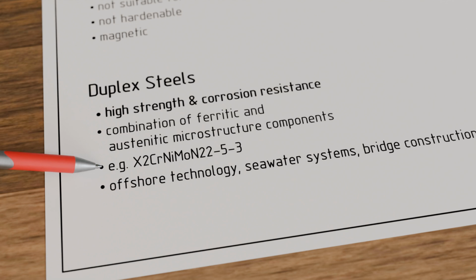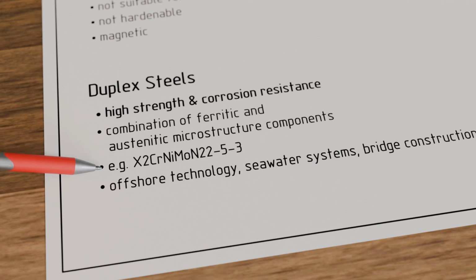Typical examples, such as the material X2CrNiMoN2253, contain about 22% chromium, 5% nickel, 3% molybdenum, as well as additional elements like nitrogen, which further improve the mechanical and chemical properties. A particular advantage of duplex steel is its resistance to chloride-induced corrosion, especially against pitting, crevice corrosion, and stress corrosion cracking.